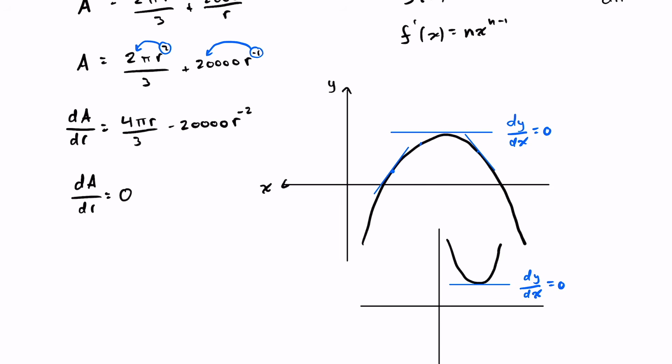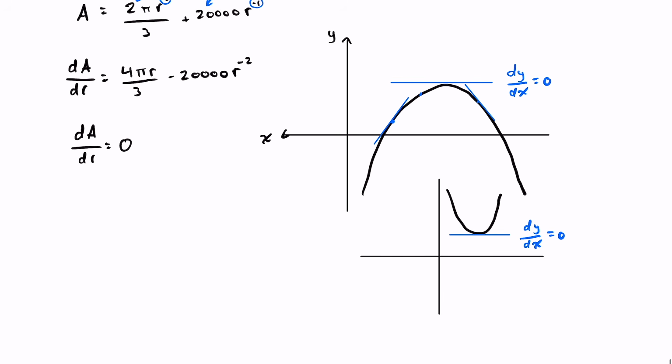So here's our derivative, dA/dr, change in surface area as a function of change in the radius, is equal to all of this. But when is the slope equal to 0? When has it reached its lowest point before it starts increasing again? It's going to be when dA/dr is equal to 0.